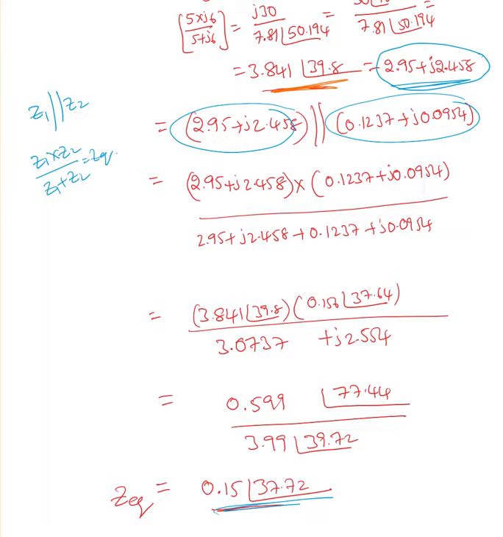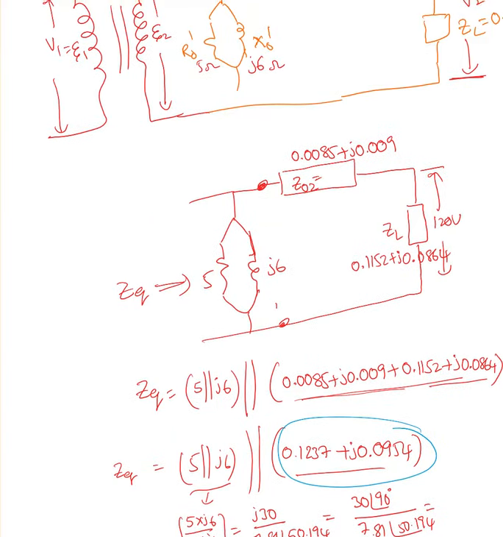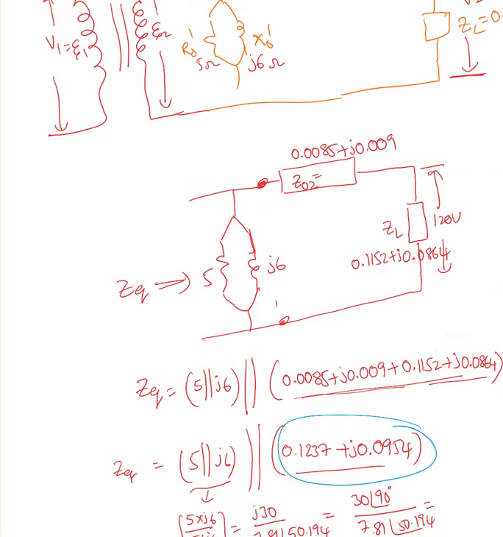Now we'll find voltage regulation as well as the efficiency. Now when it comes to the voltage regulation, now we know the voltage at this point is 120 volts. So I know I can find that current. Actually I already did that.